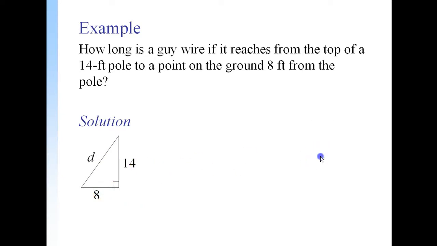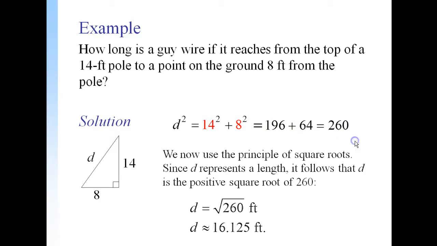So what formula will you use? Well, the Pythagorean theorem. So 8 squared plus 14 squared will equal d squared. And there it is right there. So 14 squared is 196. 8 squared is that, and that equals that. But we don't know what d is yet.